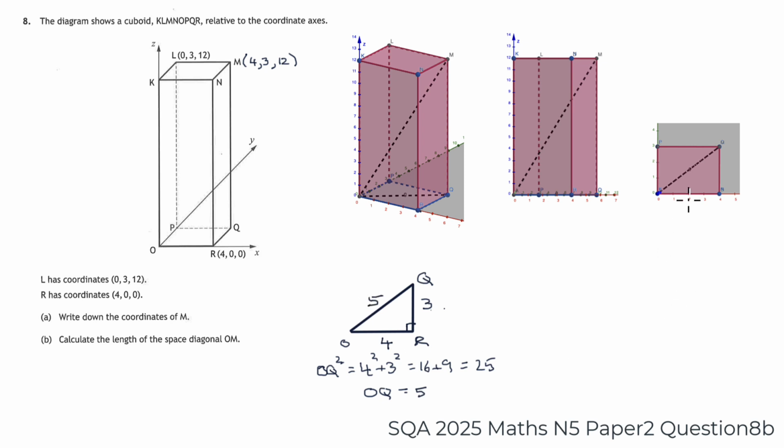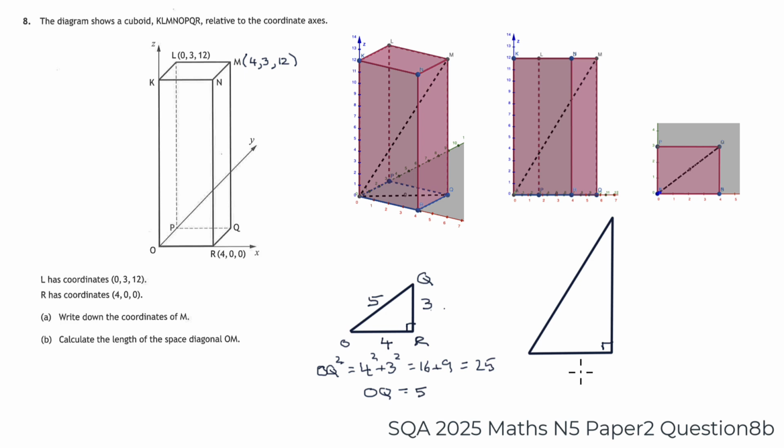Now that helps us because OQ is the length of this side here in the upright triangle. There's OQ in this diagram. There's the upright triangle. And what do we know about this triangle? Well, this we know is a right angle.